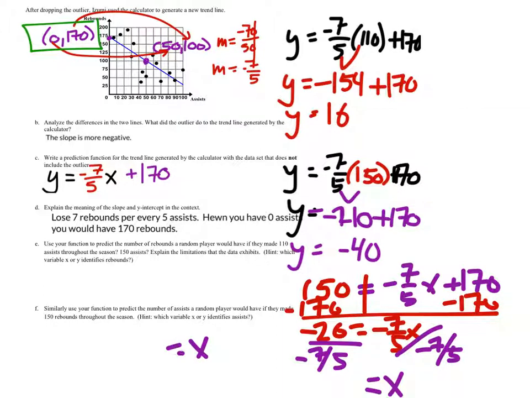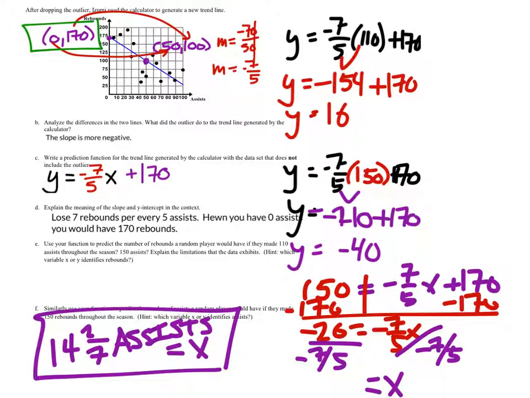X here equals 14 and 2/7 assists. You can have the decimal for that, I just don't know what it is because I don't have a calculator.